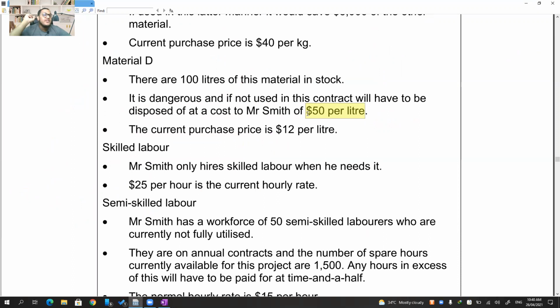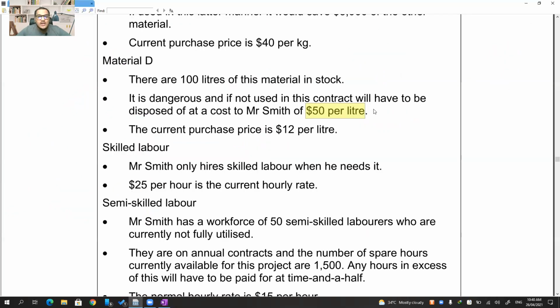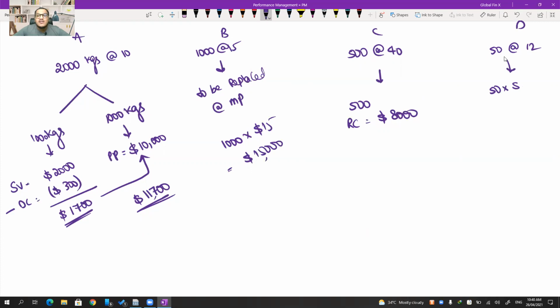This is actually a benefit for you. If you don't use that material in the project, you will have to pay a cost of how much? $50 per liter. And you are talking about 50 liters. That is how much? 2,500 is a relevant benefit, not cost. Please understand, you have to reduce this 2,500 from the total relevant cost.